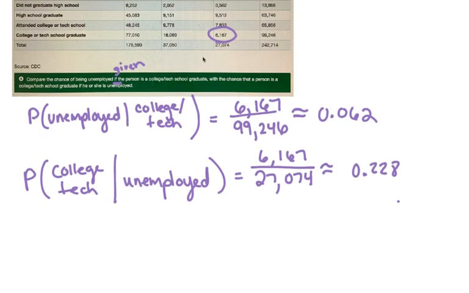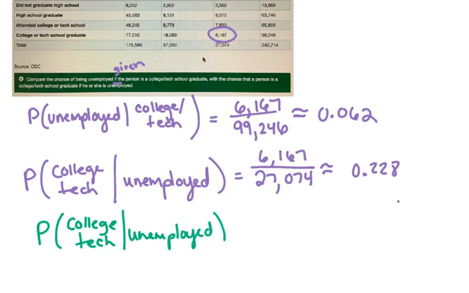And so they want us to compare these. When we're comparing in math, we're using words like greater than, less than, those kind of words. So the probability of someone being a college tech, given that the person is unemployed, is greater than the probability that the person is unemployed, given that they went to college tech.